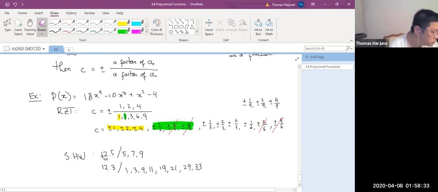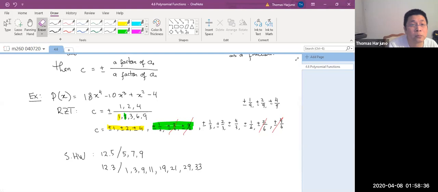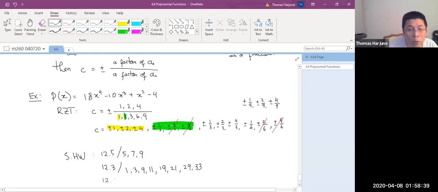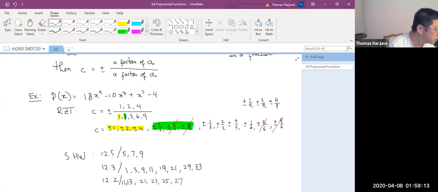4.2, number 13, number 11, number 13, and then using synthetic division, number 21, 23, 25, 27, and finally 4.6, where we learn the basics so far.